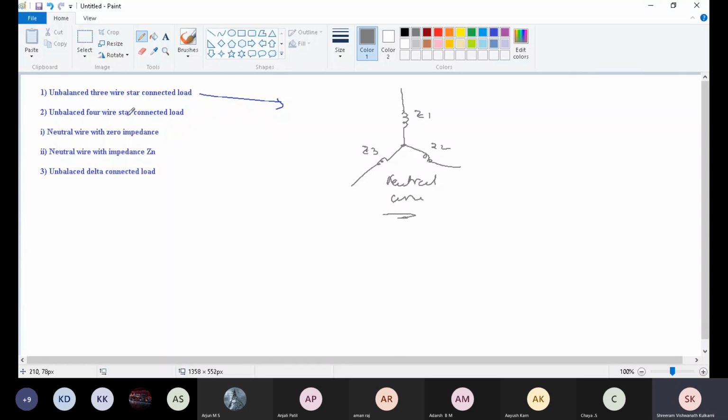Unbalanced four-wire star connected load, four-wire in the sense that here this is my neutral point. R, Y, B, N. We know this N is neutral of supply.